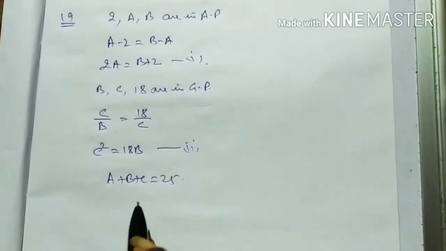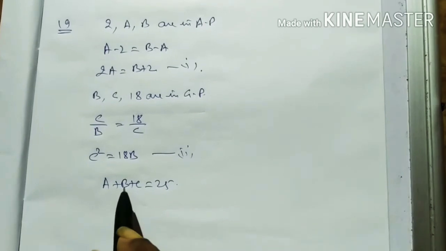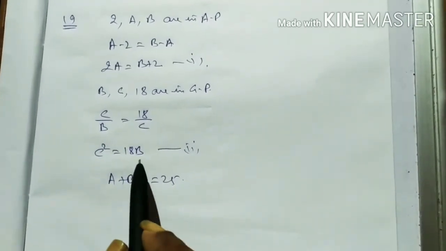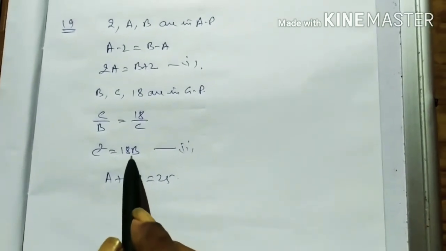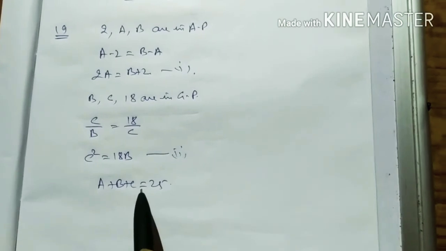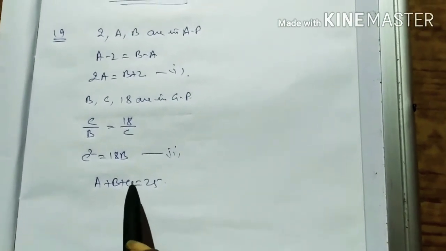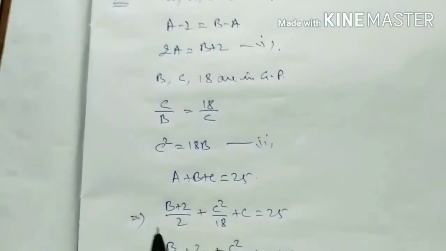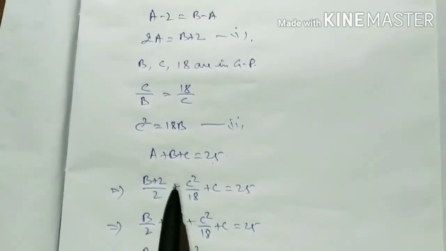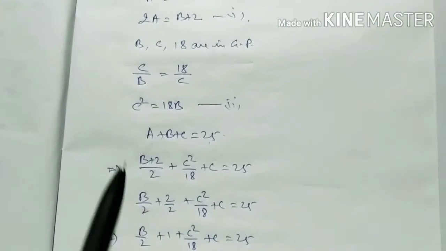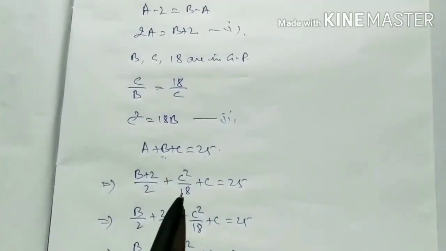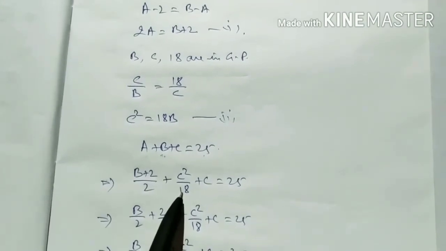So what I'm going to do is make some arrangement. See, A plus B plus C is equal to 25. In place of B, I have placed C square by 18.